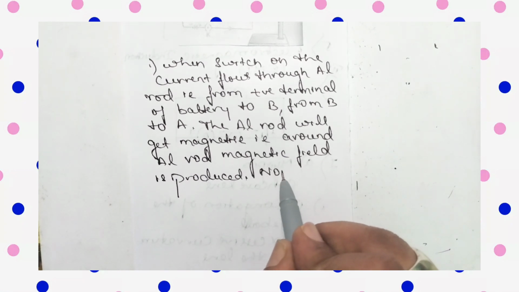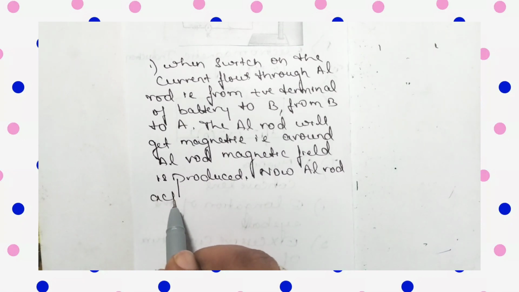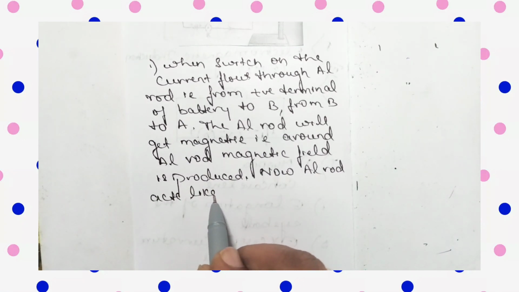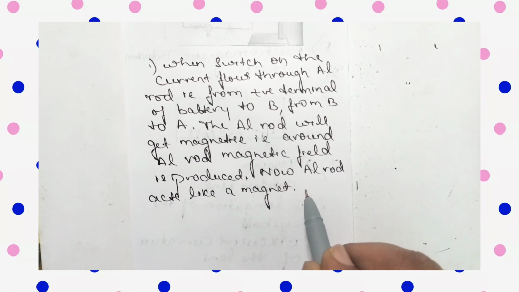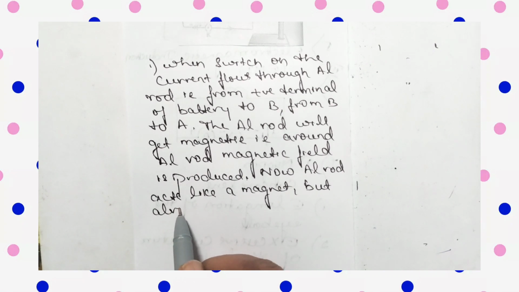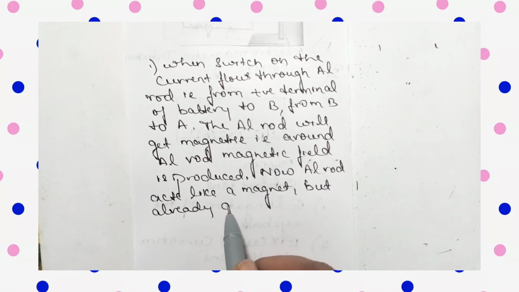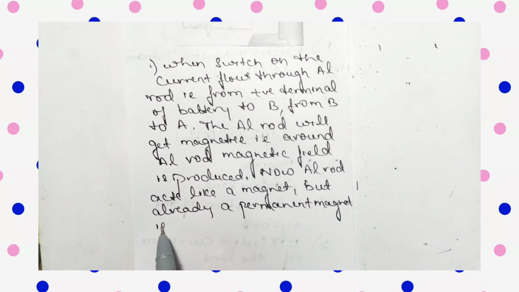Now the aluminium rod acts like a magnet, but already a permanent magnet, that is the horseshoe magnet, is there.